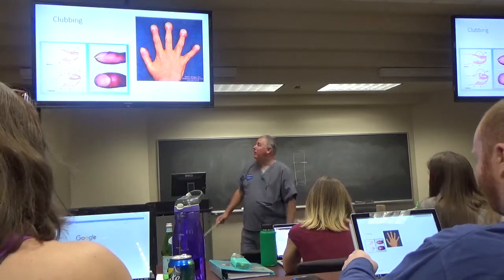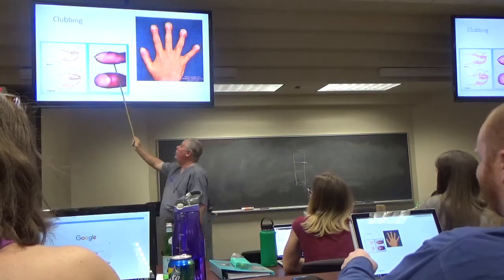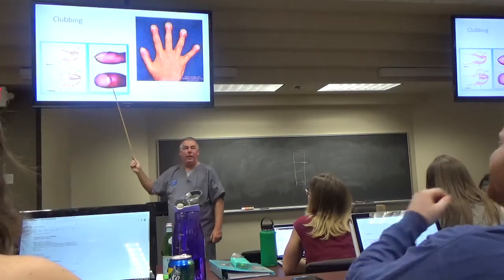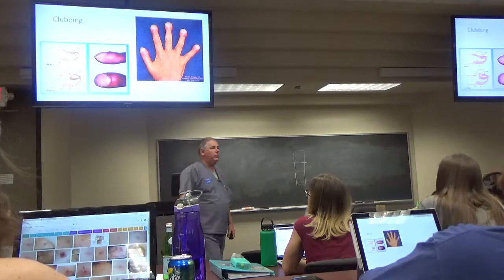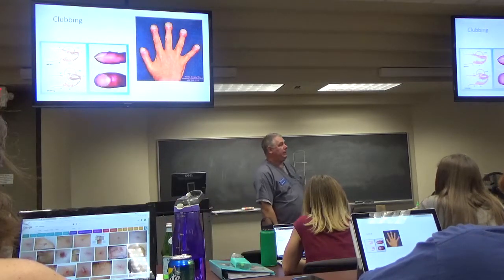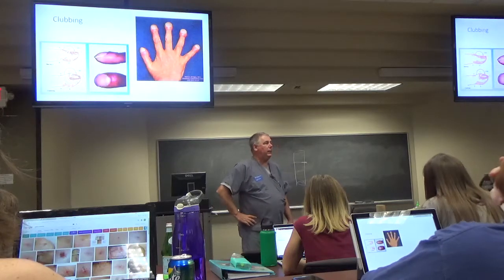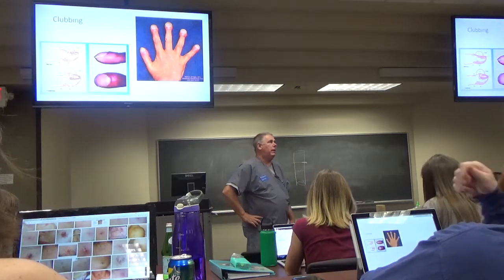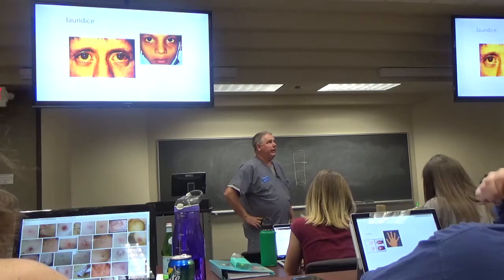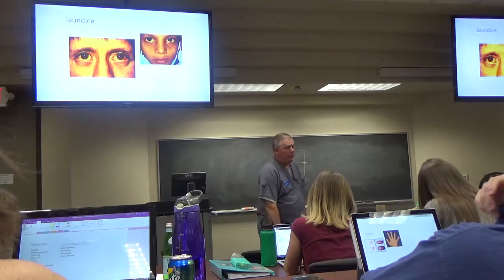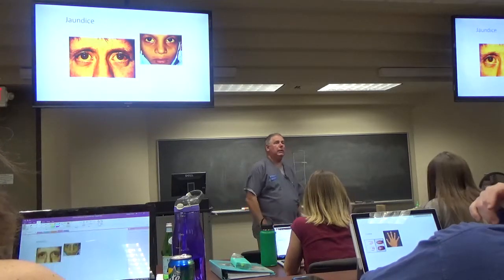But to this extent down here, you will see this a lot, not only in hepatic diseases, but obviously emphysema, even asthma that's not controlled. Jaundice is pretty easy to recognize.